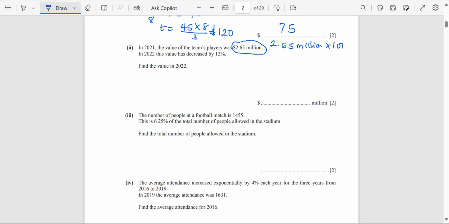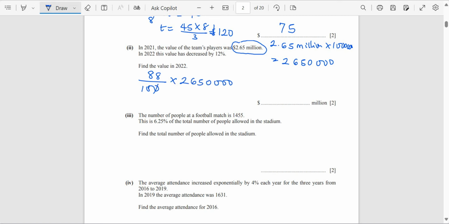times 1 million, and that's going to give us 2,650,000. Okay, so we need to find the value in 2022 since it has decreased. So we have 88% of this price as the new value in 2022.